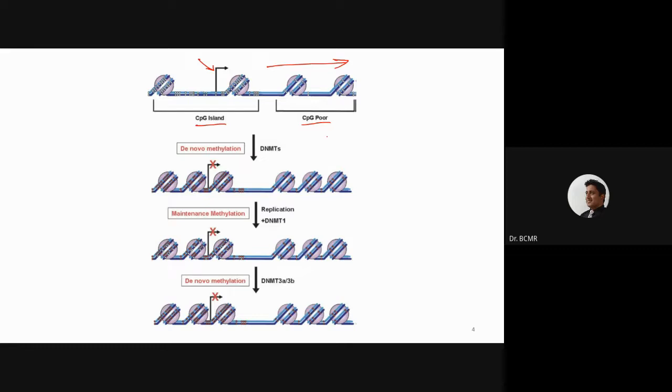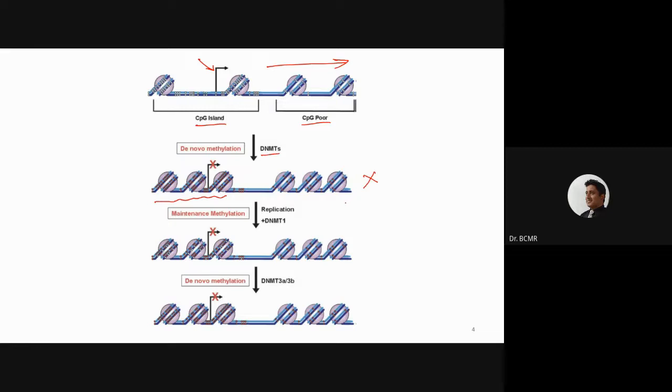So if demethylation occurs, de novo methyltransferases can methylate this region, and because of that the DNA becomes methylated, and therefore repression would occur.